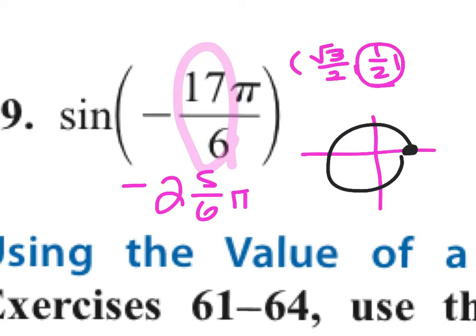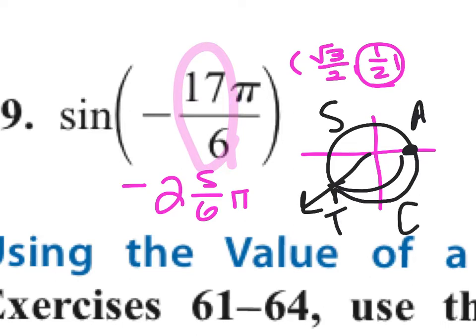And then 5 pi over 6 is past the halfway mark, in between a half and a whole pi, right? And then All Students Take Calculus tells you that only tangent is positive, everything else would be negative, which means this is -1/2. So use the denominators to get you your point, and then figure out what quadrant it's in, and that tells you the positive or negative sign.